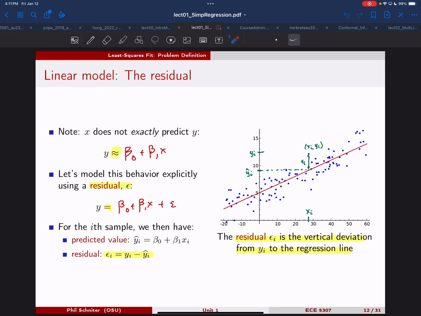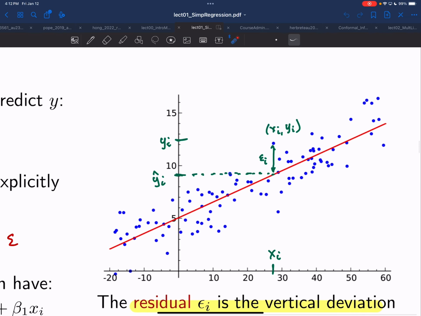You can see the data points are not exactly on the line, so that's why this is only an approximation. However, we can turn it into an equality if we add this residual term here. In the plot, the residual epsilon i would be the distance between yi and our prediction of yi based on xi.